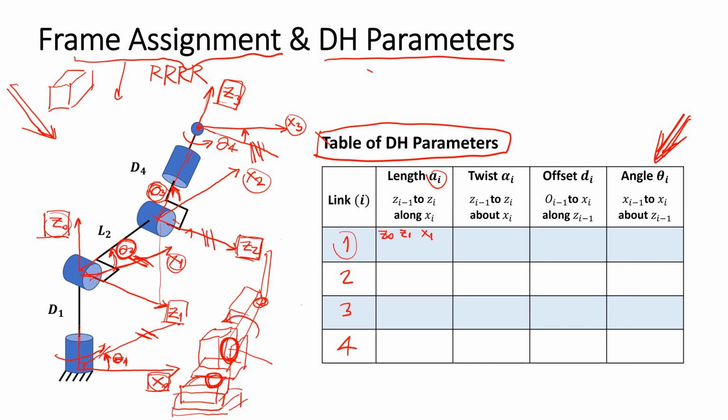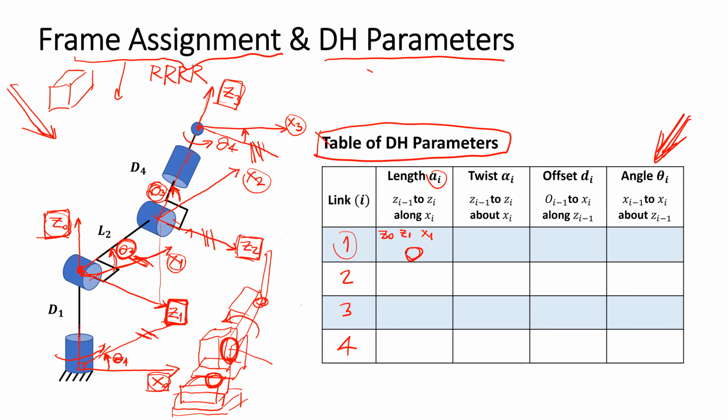The distance between C0 and C1. We are lucky in this case, C0 intersects with C1. So the link length is 0.